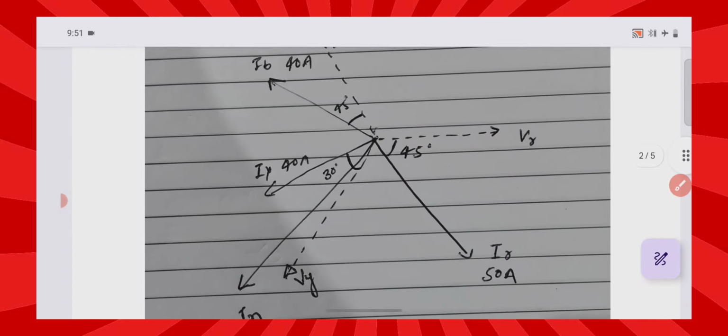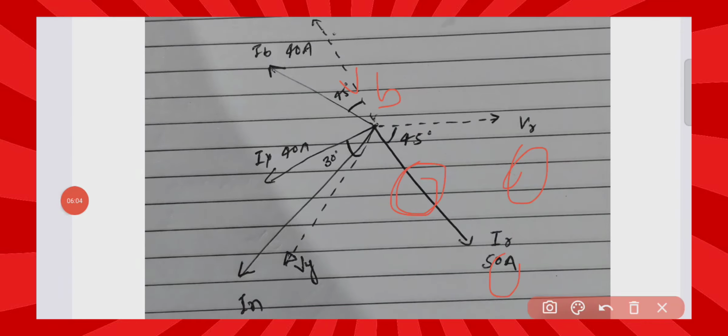So this is 45 degree lagging the voltage of the red wire, and this is VB, and this is VY. Here 30 degree lagging, and here leading.